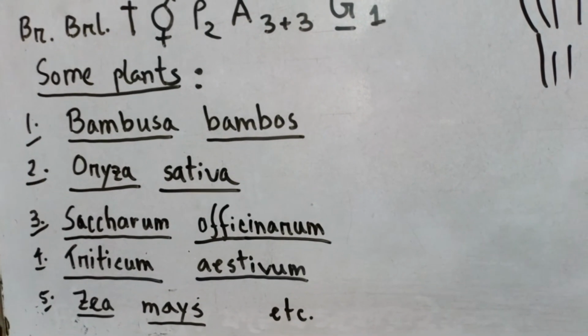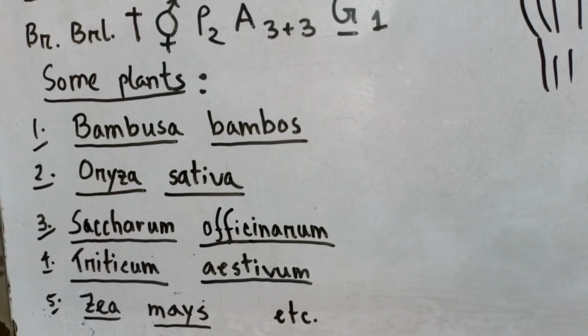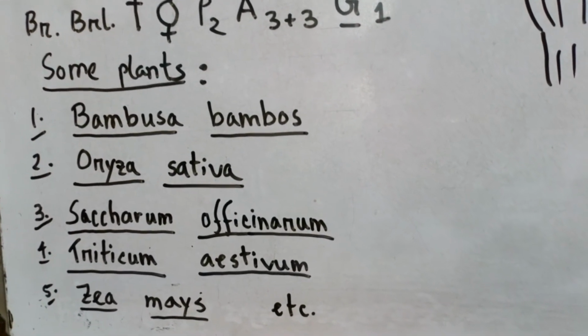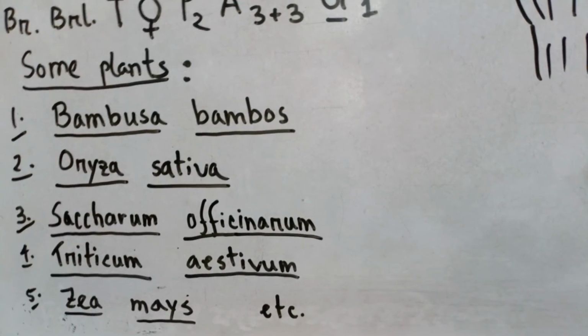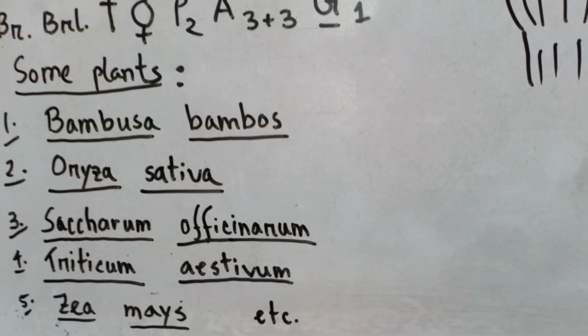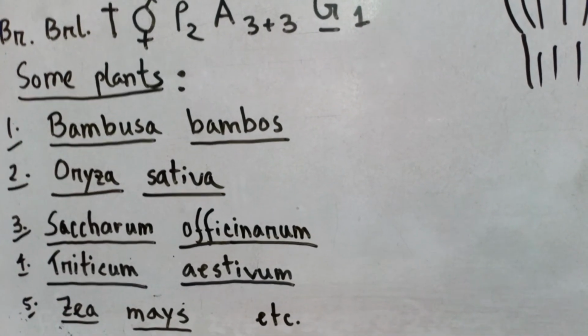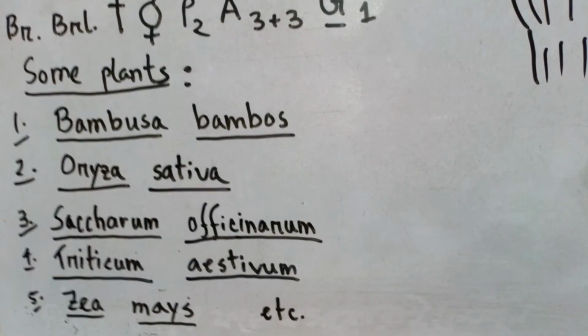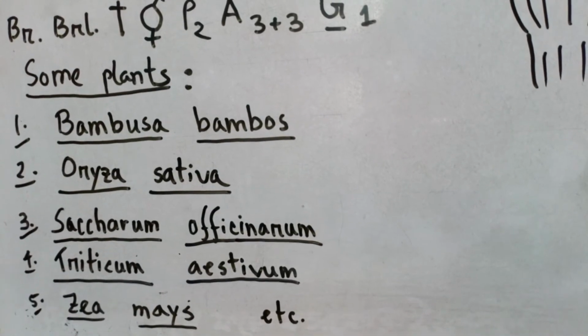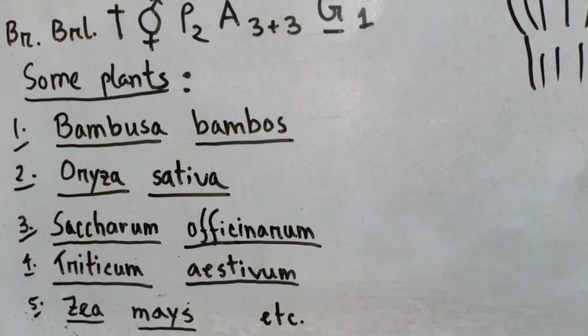Zea mays, maize. We can produce popcorn and different other types of foods from this. It can also be used as fuel, and cornflakes can be made from this. There are some other plants included in this family, like Hordeum vulgare, barley.